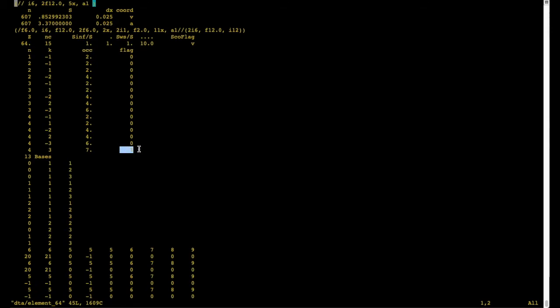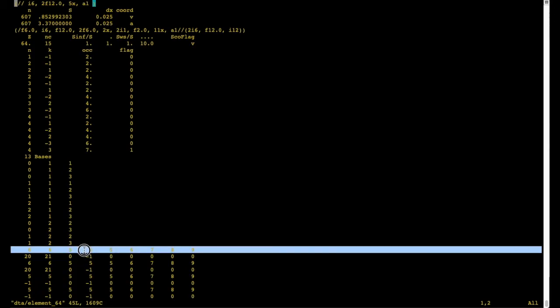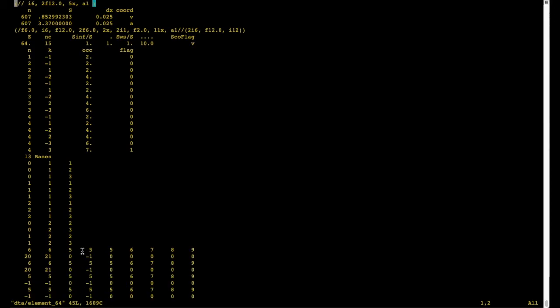Now it will treat the 7 electrons as spin polarized. So it will put them all in spin up channel according to the first Hund's rule. And as you can see here at the bottom, this place was reserved for 4f states, but now we don't have 4f states, and instead we pretend that there are 5f states.